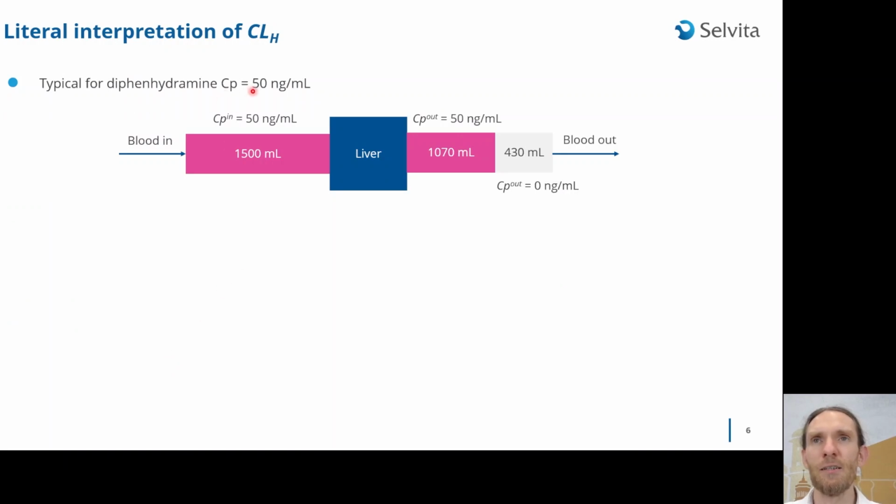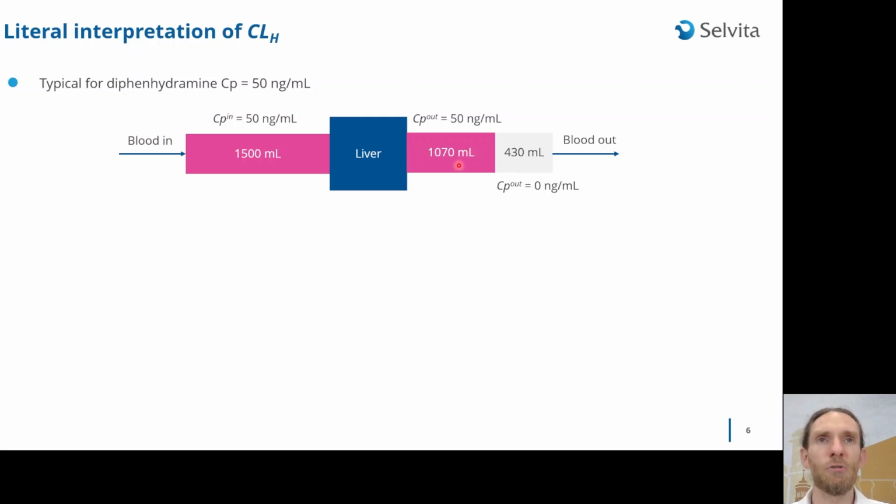So the typical plasma concentration for diphenhydramine is 50 nanograms per milliliter. Having, as you may remember, the liver blood flow of 1.5 liters per minute, and having this initial concentration of 50 nanograms per milliliter, if we have the hepatic clearance of 430 milliliters per minute, it will mean literally that 430 milliliters of the hypothetical blood that leaves the liver is completely cleared of the drug, of the active substance.